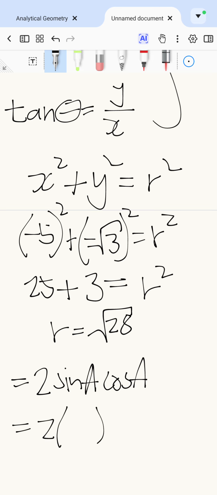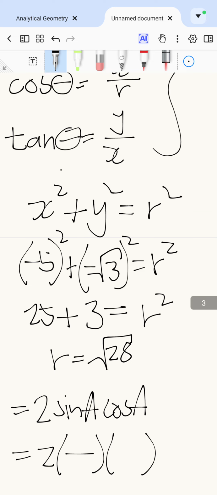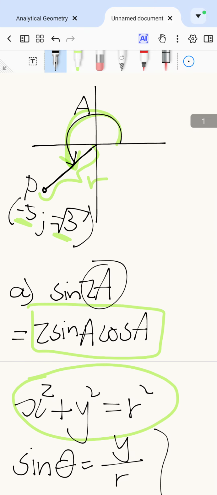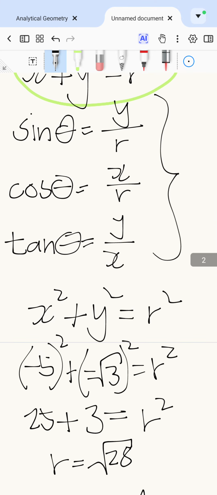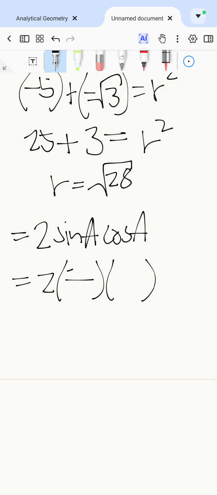Now we know what sine a is and what cos a is. Sine is y over r, and our y value was, let's double check quickly, the negative square root 3. Alright, so we'll say minus square root 3 over r. R was the square root of our 28, times cos.